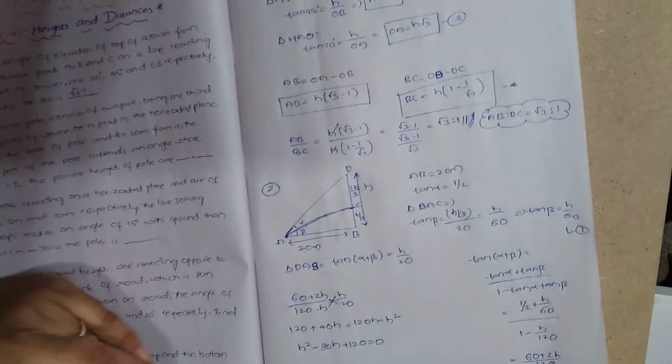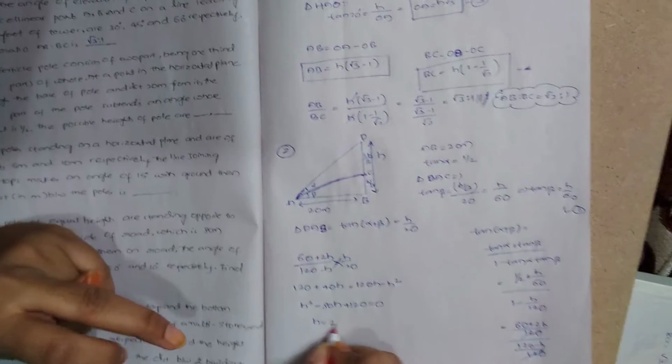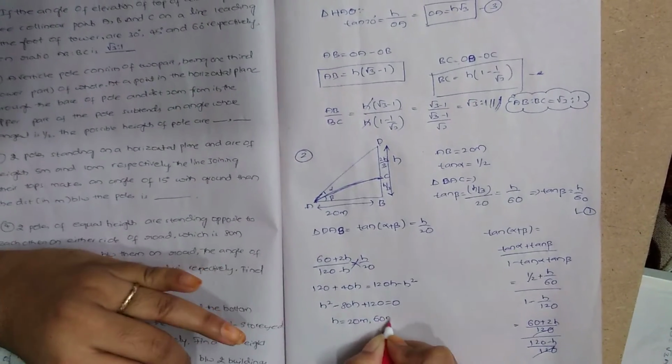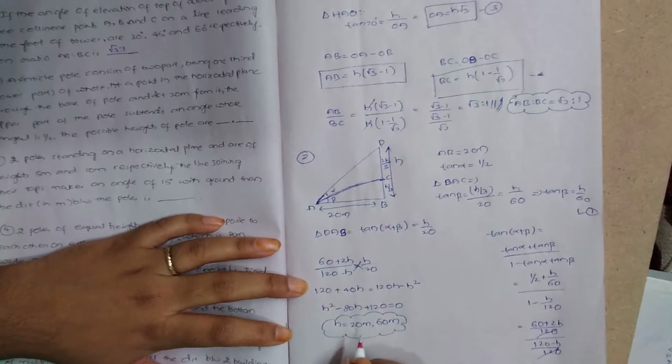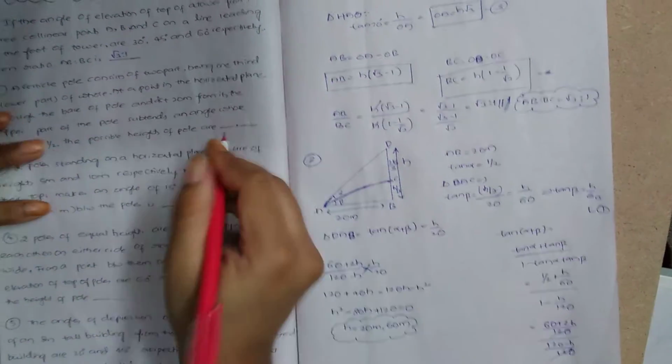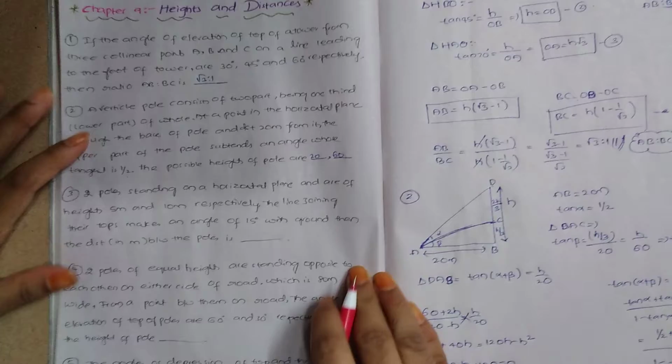Yes, we got a quadratic equation. What will be the values of h? 20, 60. Yes, possible values of h will be 20 and 60. Agree? Now let's proceed.